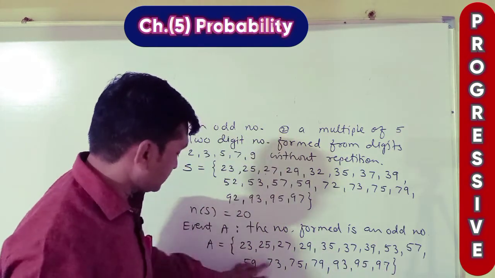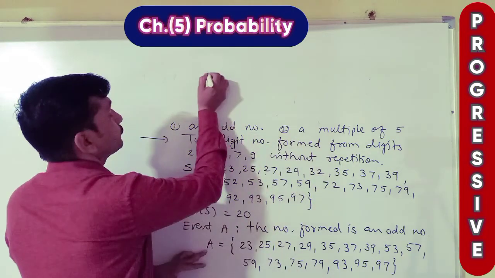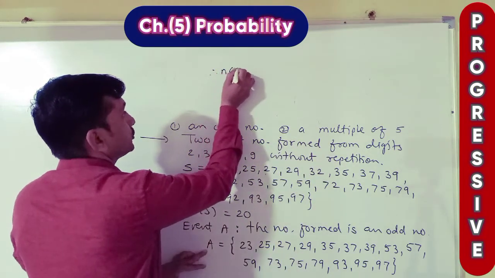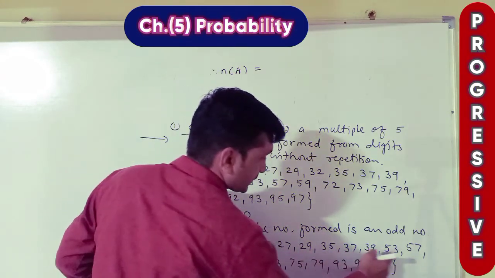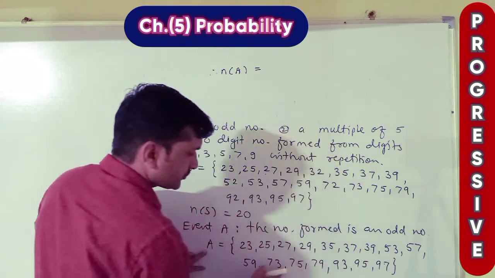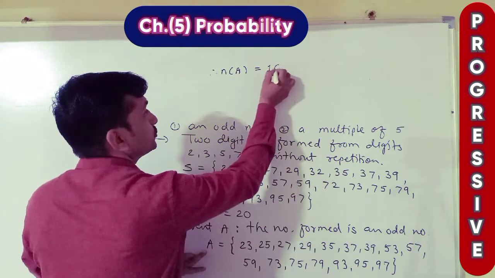From this event A, we can write number of A. Number of A is equal to 1, 2, 3, 4, 5, 6, 7, 8, 9, 10, 11, 12, 13, 14, 15, 16. NA is equal to 16.